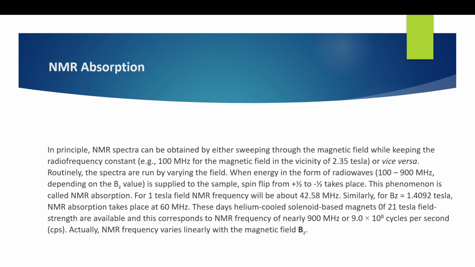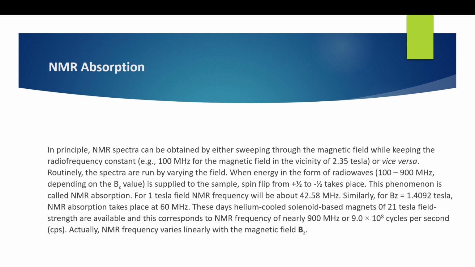When energy in the form of radio waves, which are nowadays used between 100 to 900 megahertz depending on the Bz value, is applied to the sample, a spin flip from plus half to minus half takes place. This phenomenon is called nuclear magnetic resonance absorption.